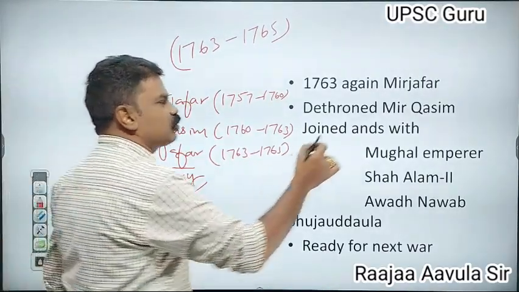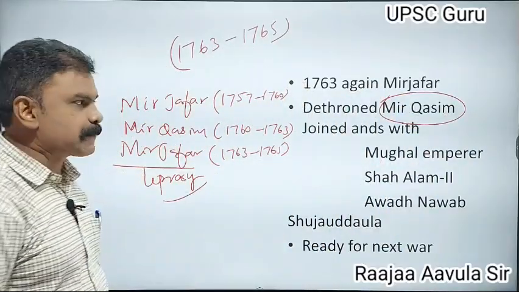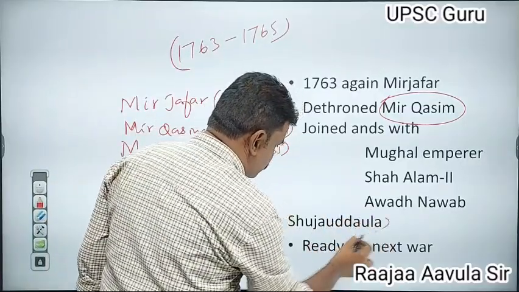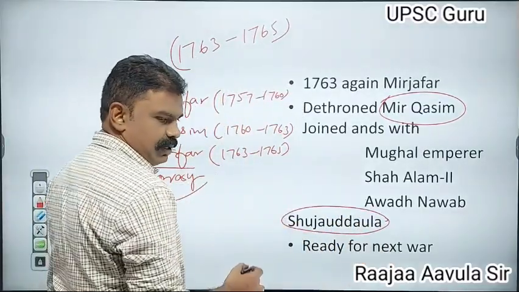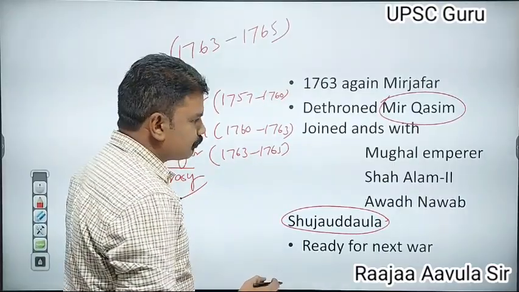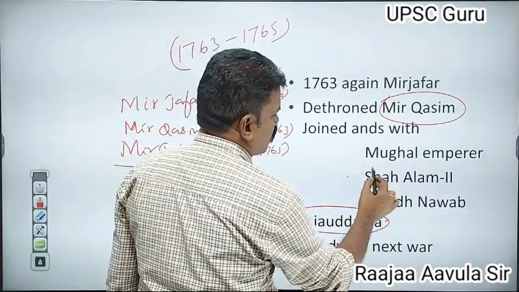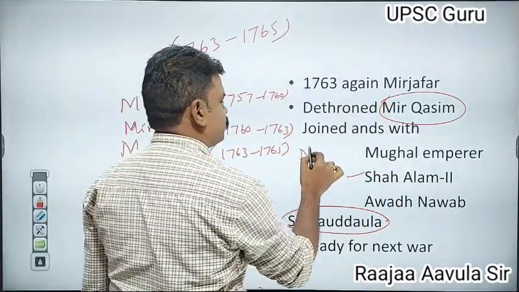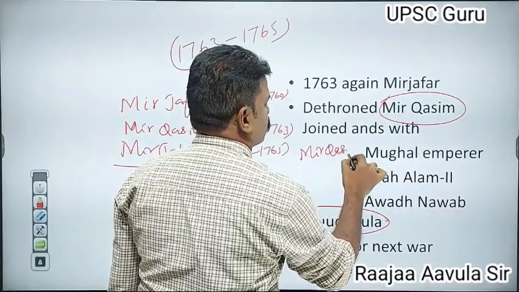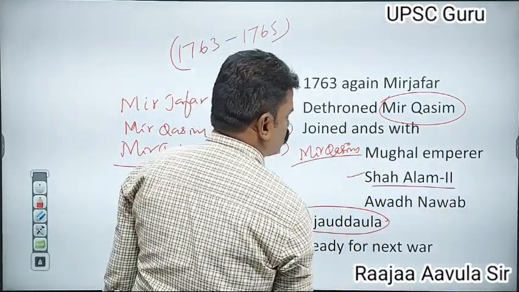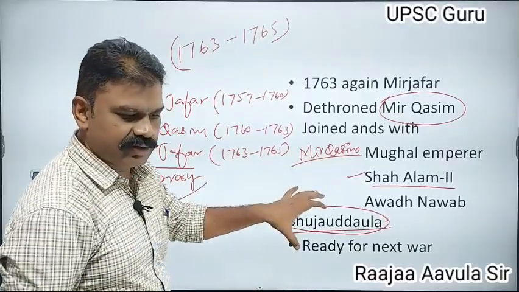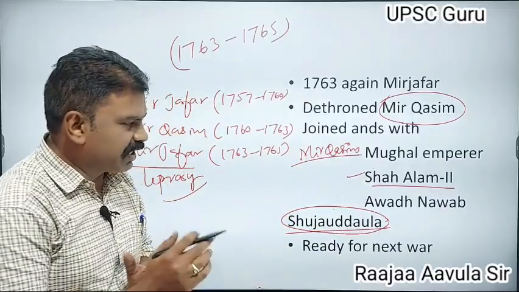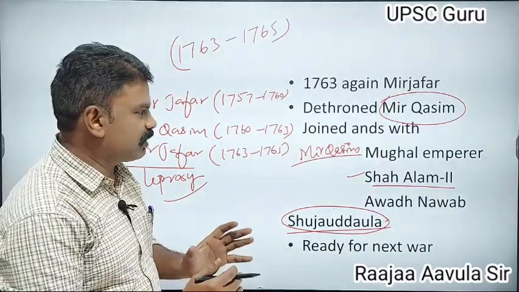By this time, the dethroned Mir Qasim escaped to Awadh. The Awadh Nawab at this time was Shuja-ud-Daula. Shuja-ud-Daula, Shah Alam II, the Mughal Emperor, and Mir Qasim, these three on one side, were ready to fight the British.